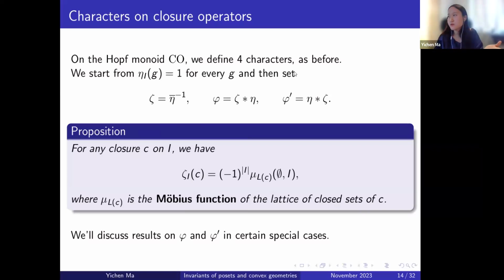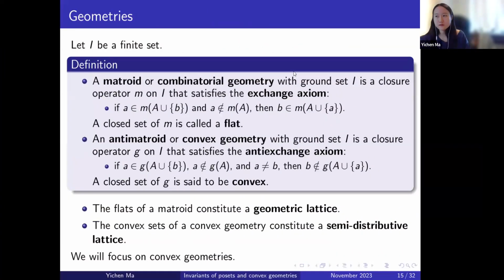And for posets, the lattice is also distributive, so we can determine zeta in an easy way. We'll follow this procedure and discuss the results for zeta, phi, and phi prime in the special cases of posets and convex geometries.